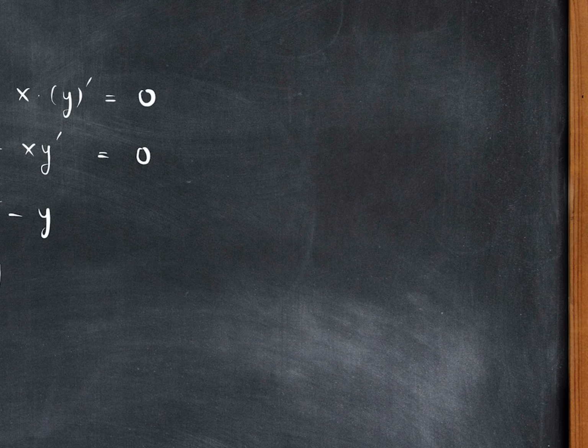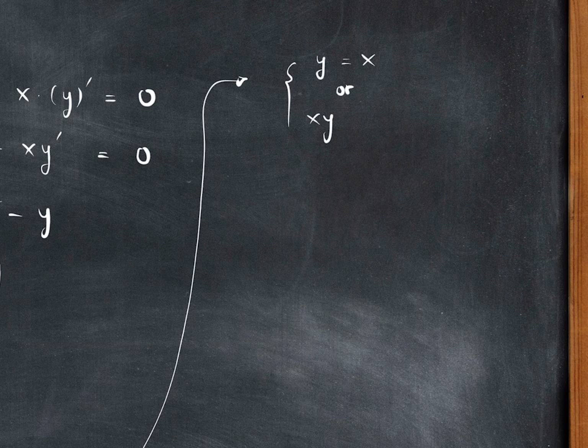If y minus x equals 0, that means y equals x. For the other situation, that means x times y equals -1/2. You can get these results after some rearranging and simplifying.